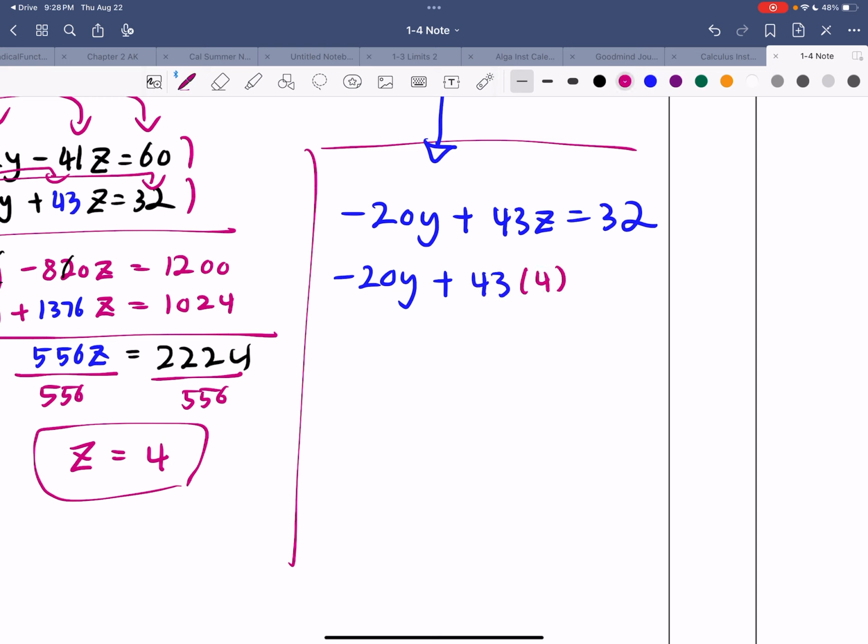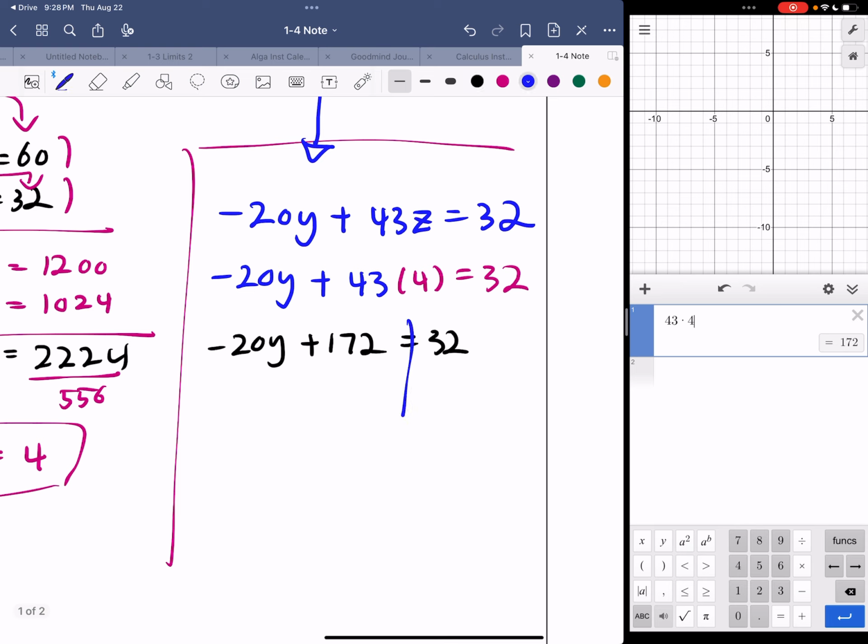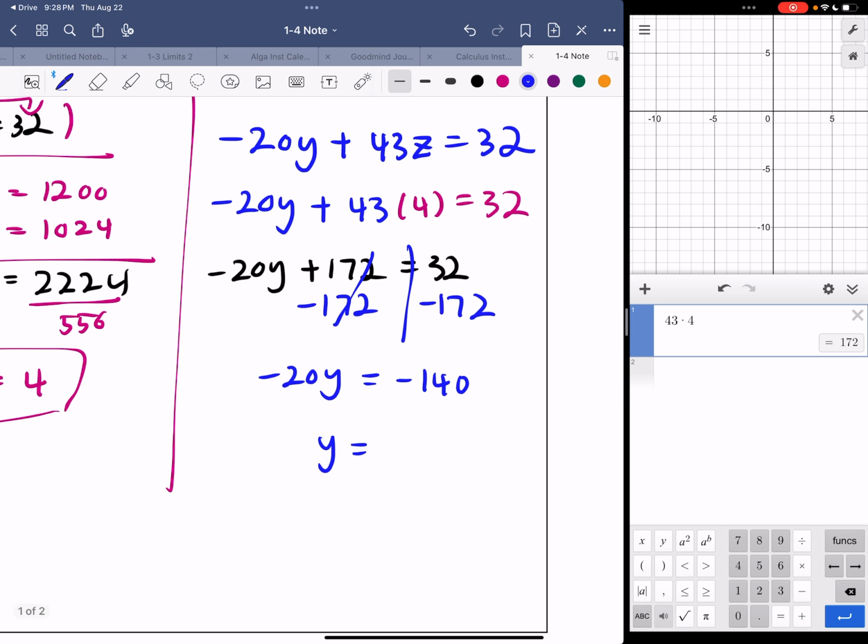So it's going to be negative 20y plus 172 equals 32. And then minus 172. Negative 20y is equal to negative 140. y is equal to 7, when you divide by negative 20. Okay.